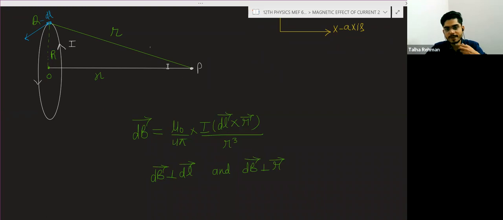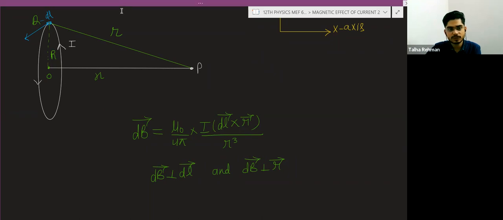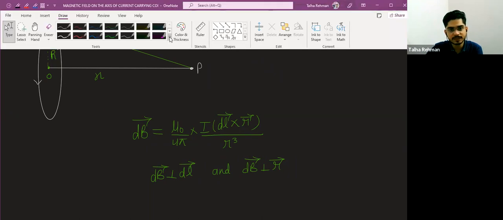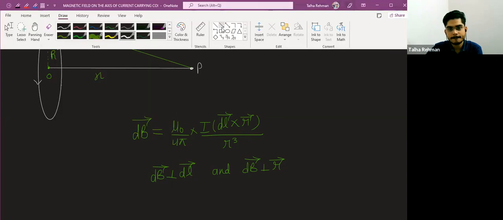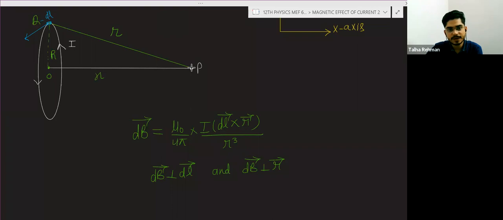The direction of the magnetic field will be perpendicular to the dl vector, meaning perpendicular to this and also perpendicular to this. So the direction of the magnetic field will be like this, perpendicular to this.